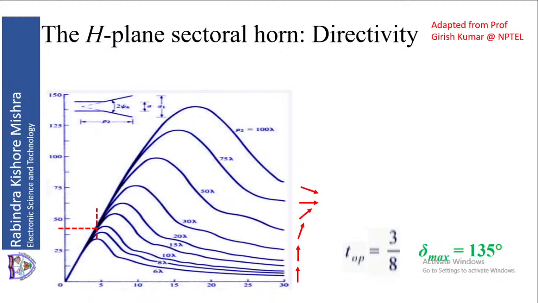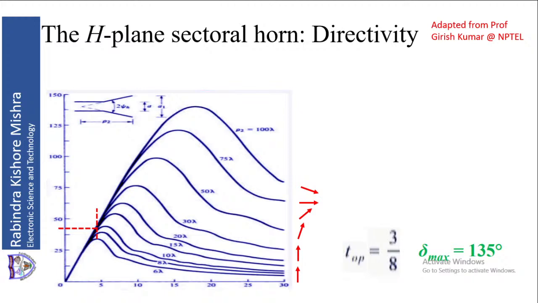As you keep on increasing the aperture length, the phase is changing. For a fixed length of the waveguide, the more the aperture length, the more is the phase error, and we get a maxima.